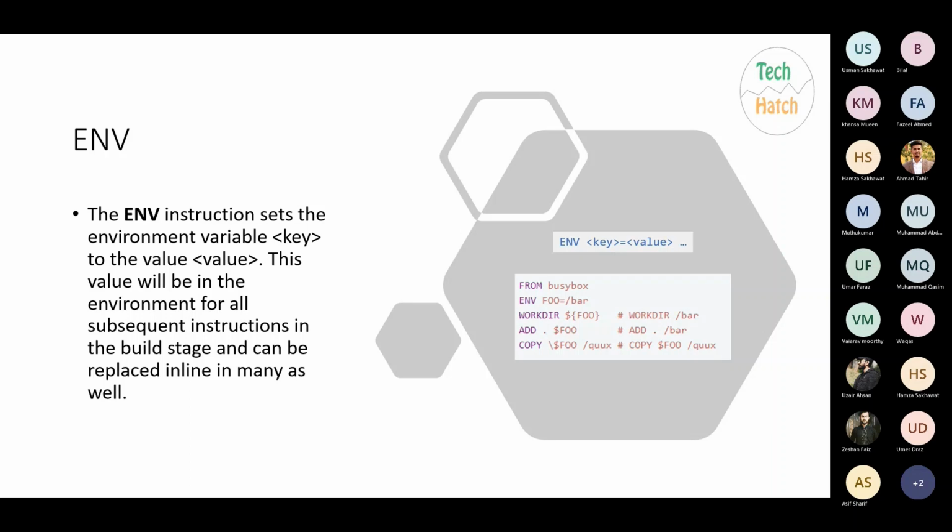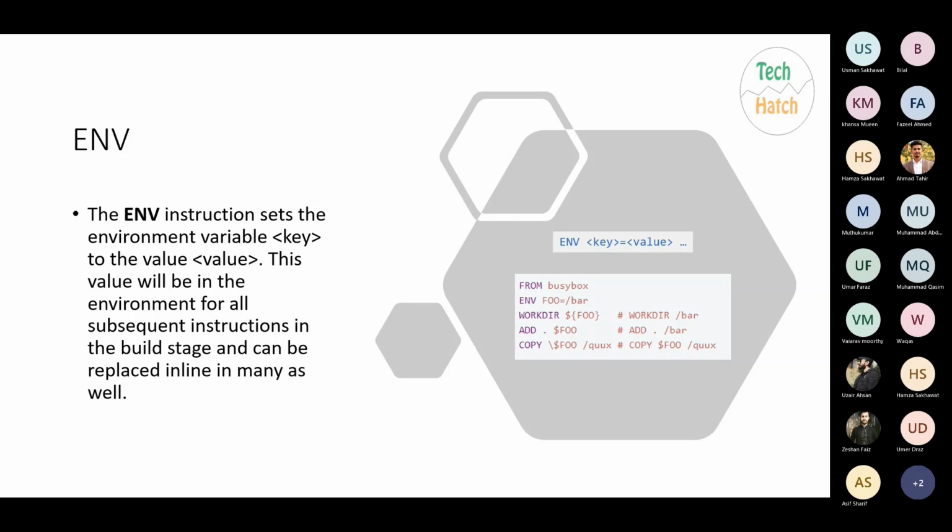Okay, so I have an example on the right side. It's defining some environment variables, and we are using four in our example in order to understand that multiple instructions can easily use environment variables. The format of writing an environment instruction is very easy.